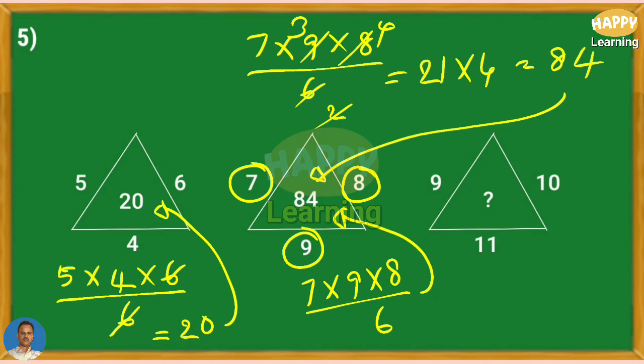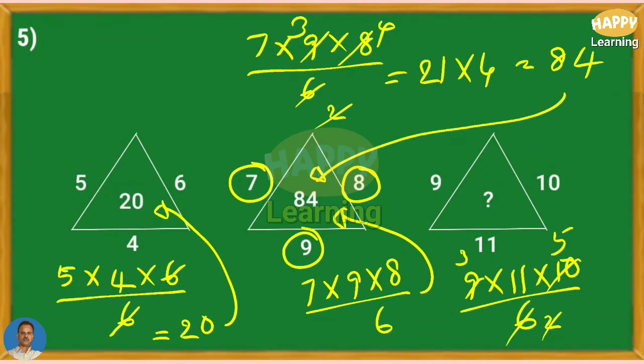Like that, 9 into 11 into 10 divided by 6. Then 3 3s are 9, 3 2s are 6, 2 5s are 10. So 11 into 15. This is equal to 11 into 15. That is equal to 15 1s are 15, 15 10s are 150, so 165.